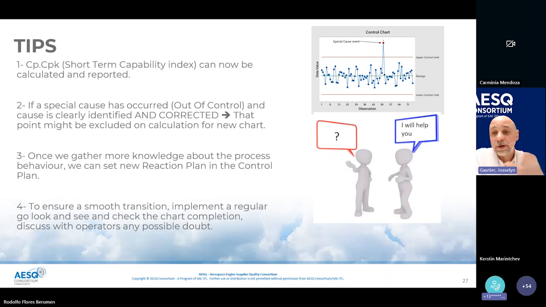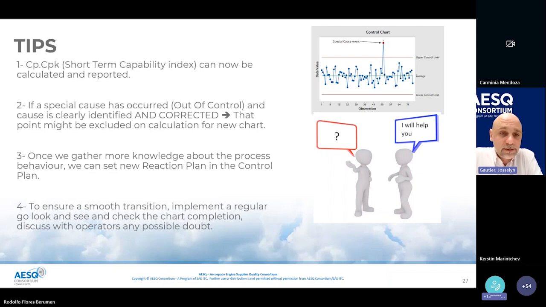So great. Now we've got our sheet. What can we do? We can calculate CP/CPK. There are also instructions on the sheet, which are quite easy to calculate, and we can report it. Something that we can also take into account for the next SPC sheet is if we have a special cause event, let's say an out of control point, and we know what the cause has been, and we have corrected it.